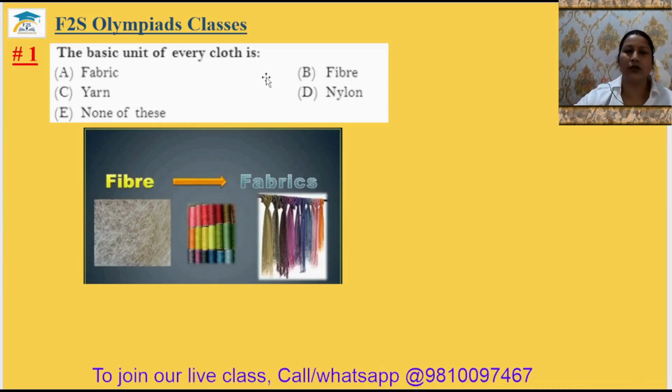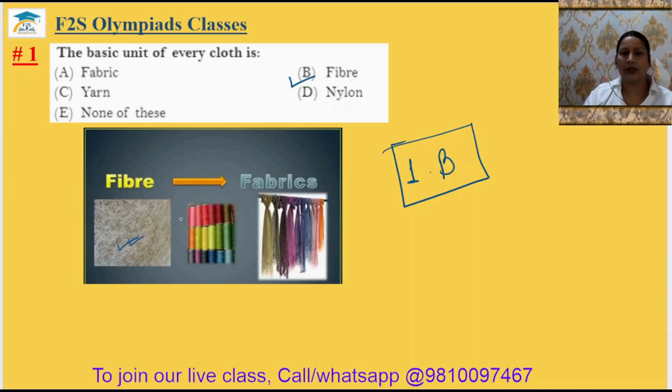The basic unit of every cloth is... The basic unit of every cloth will be your fiber, because we make the fabrics with the fiber, and the cloth is converted into a dress with the fabrics only. So the first answer will be option B. The picture is pasted here. This is our fiber. Later it will be converted into yarn and then into fabric.